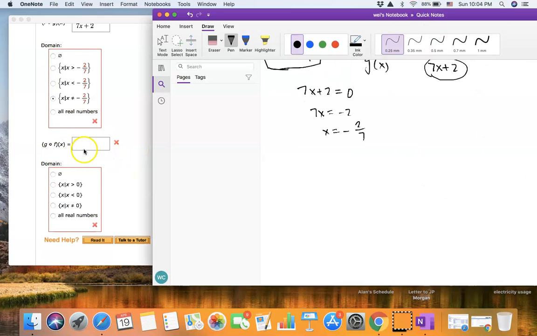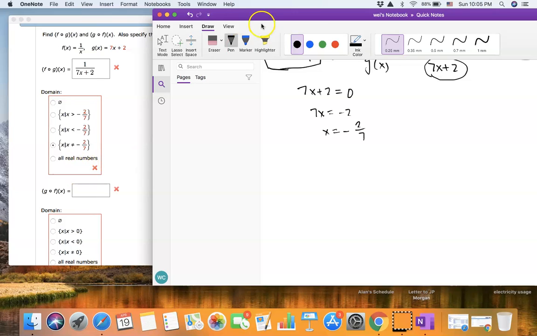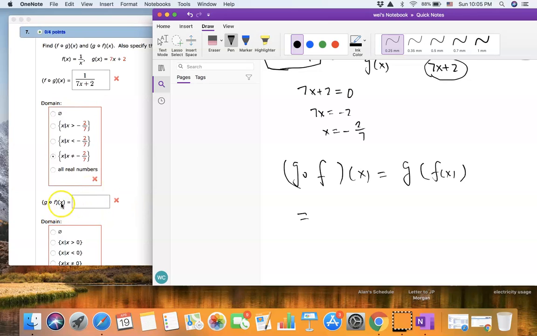Now here we switch the inner function and outer function. This time the inner function is f(x). So we're gonna substitute f(x) for the x in g(x).